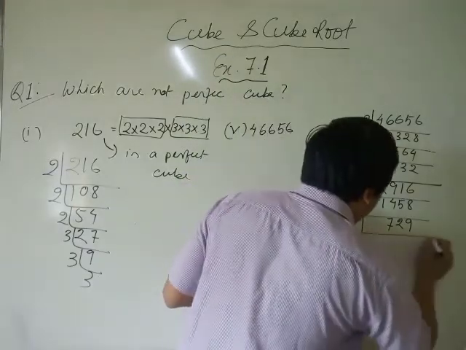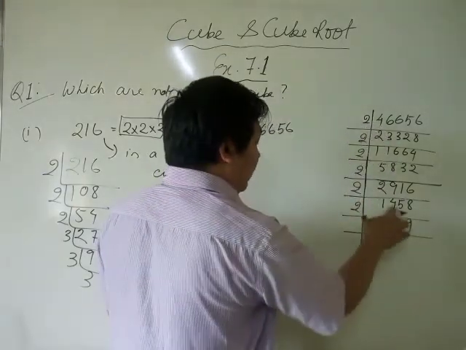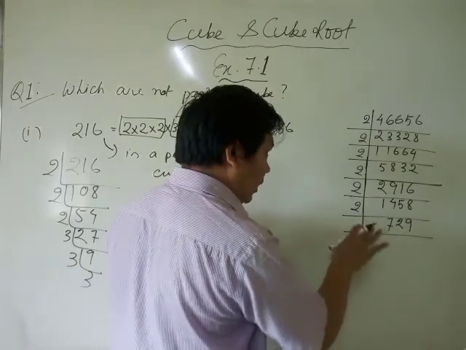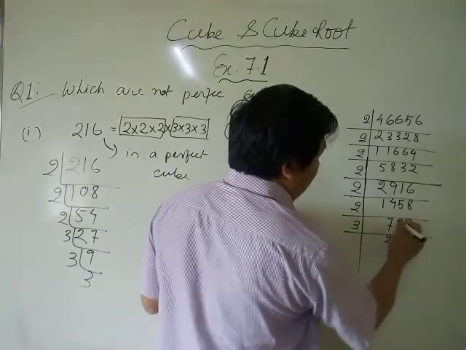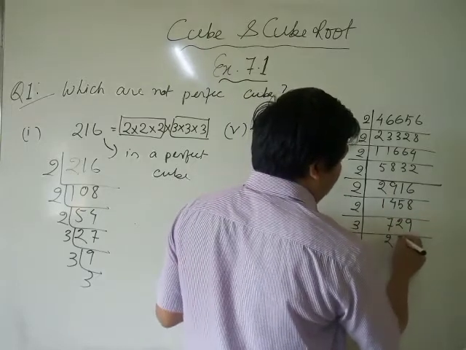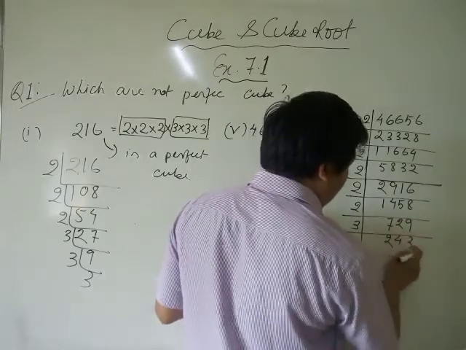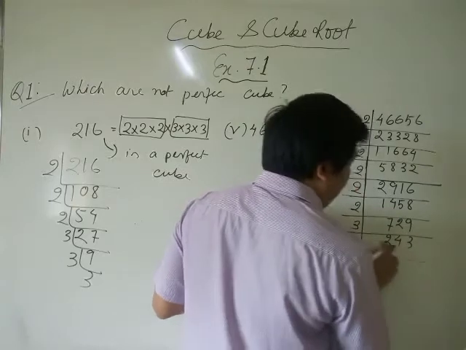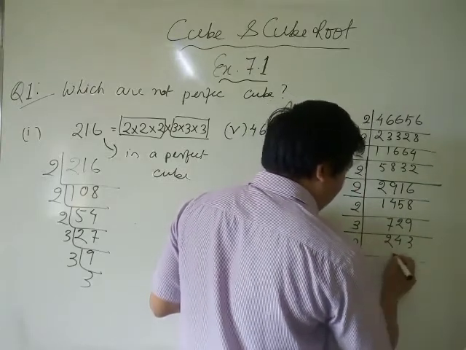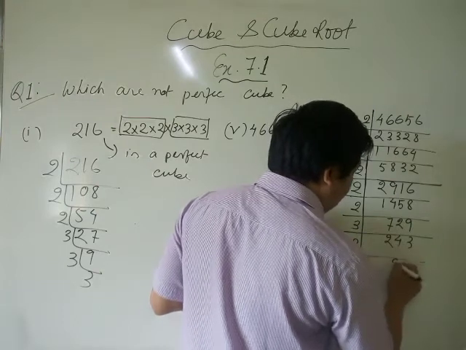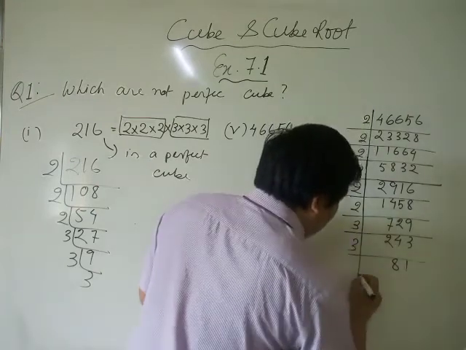So let us take 3 here. Whether 3 can divide or not? Yes, 3 can. 3 2s are 6, then 3 4s are 12, 3 3s are 9. Still can we divide by 3 or not? Check. Yes, 9, yes, can divide. Then 24, that means 8. Then can 81 divide?